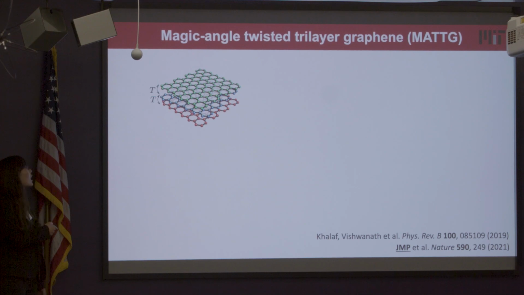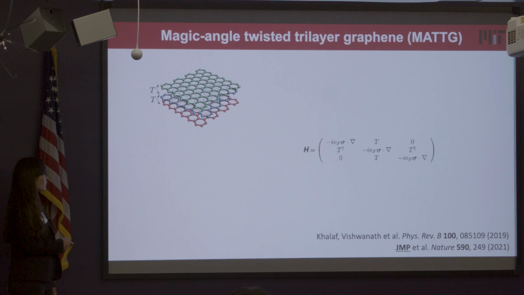But in this specific case of alternatingly twisted trilayer graphene, the problem becomes much simpler, because you only have a single periodicity, since the twist angles between the first and second layers and between the second and third are exactly opposite.